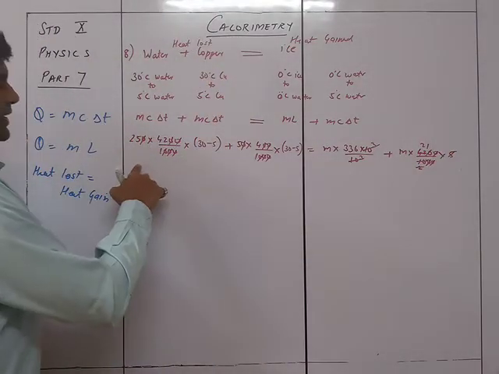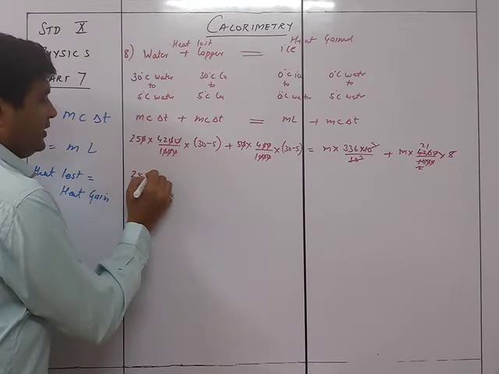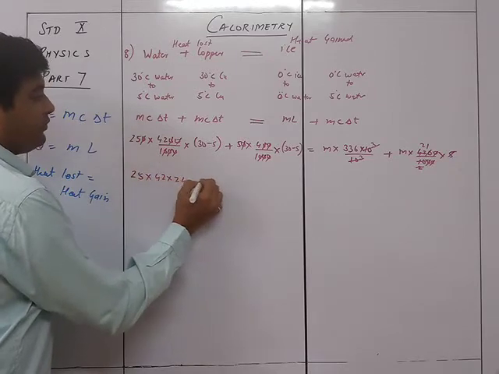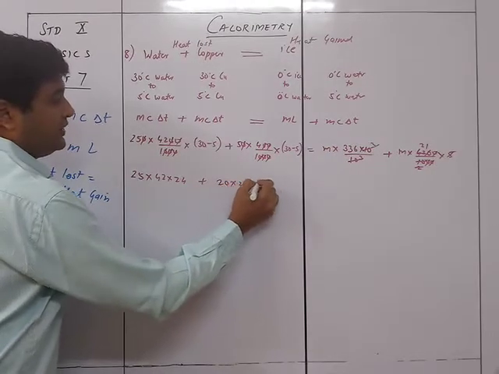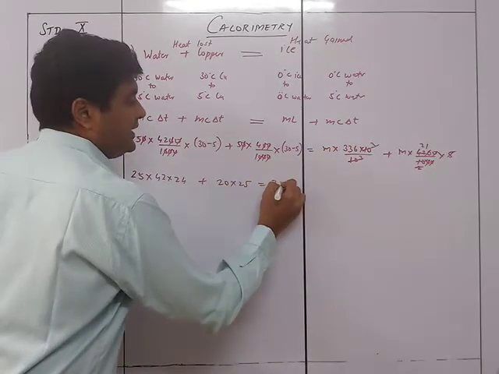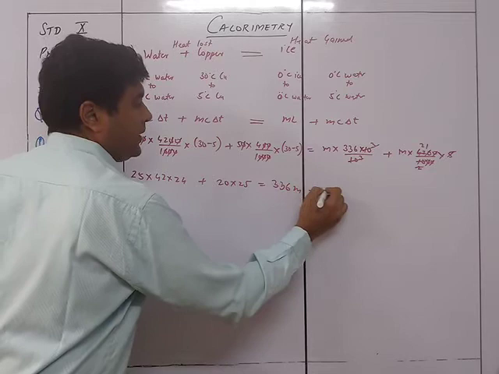So this makes it 25 into 42 into 25 plus 5 4s are 20, 20 into 25 is equals to 336m plus 21m.